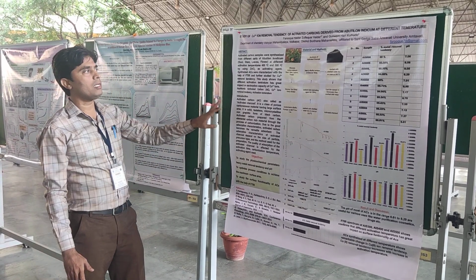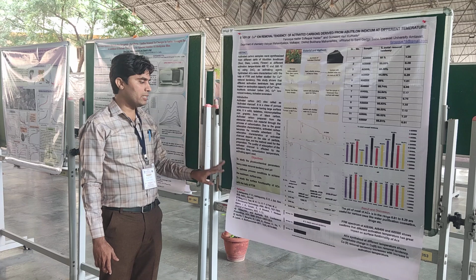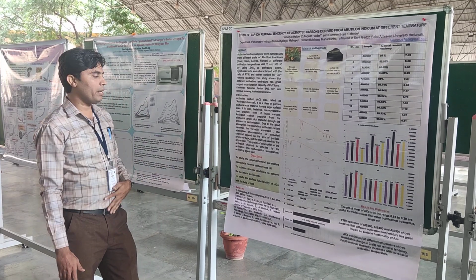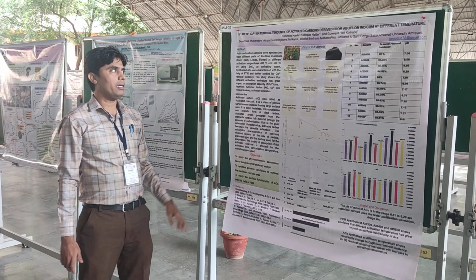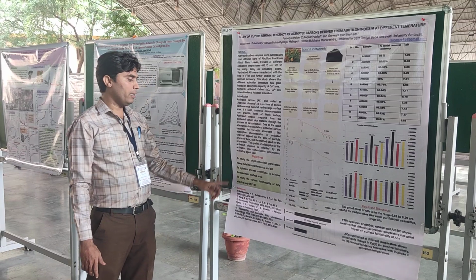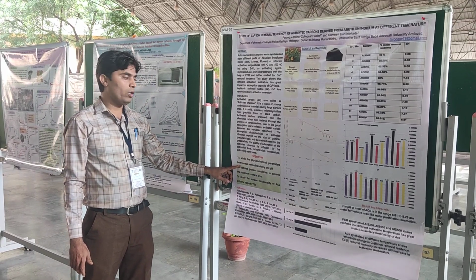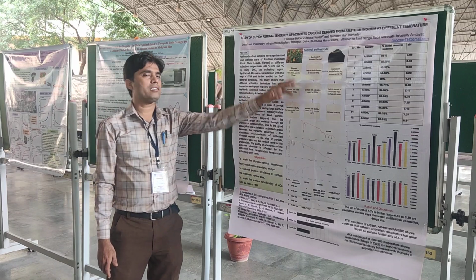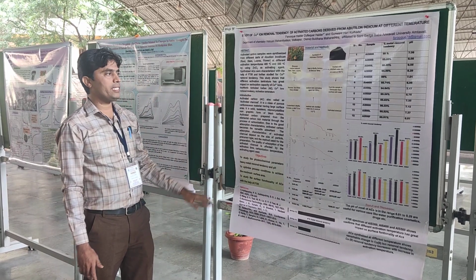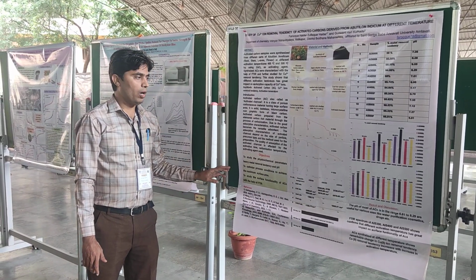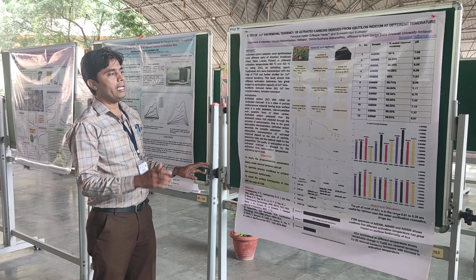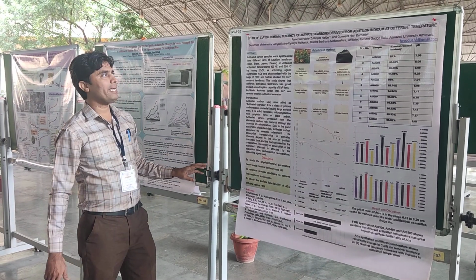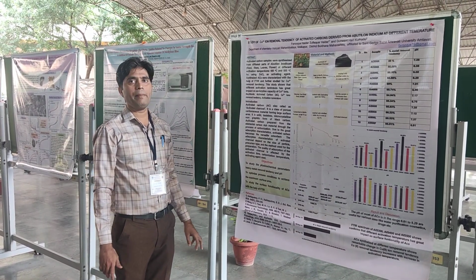Our objective for this research is to study the physicochemical parameters of this activated carbon. Here we are studying the metal removal tendency and the pH. And we are developing such an activated charcoal which is useful in some important applications like heavy metal removal.